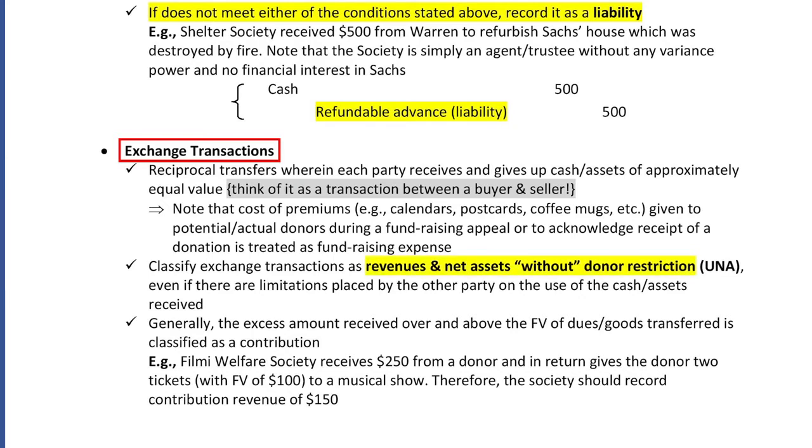That's UNA. Even if there are limitations placed by the other party on the use of the cash or assets received. Now, generally, the excess amount received over and above the fair value of dues or goods transferred or given up is classified as a contribution.